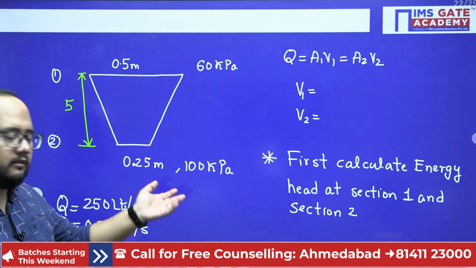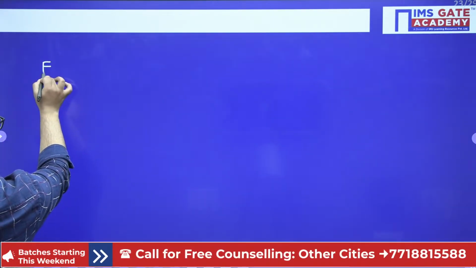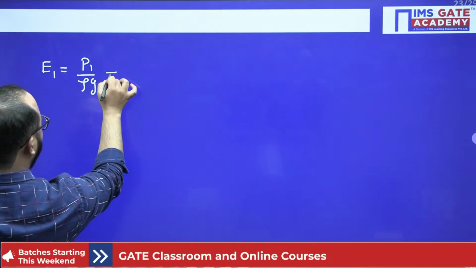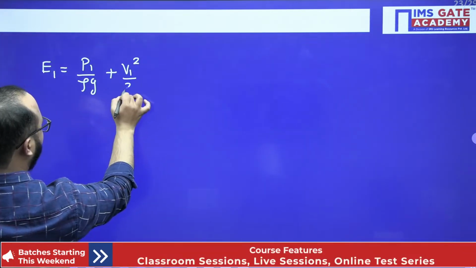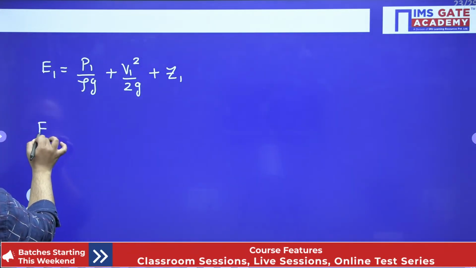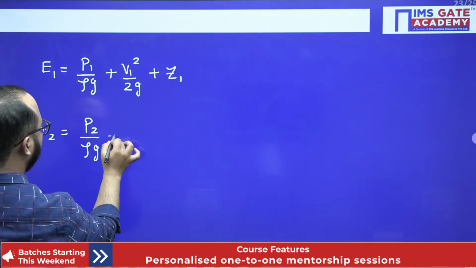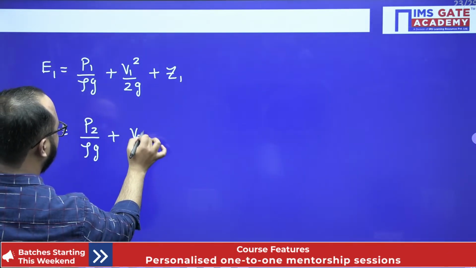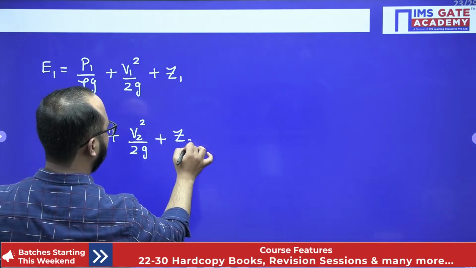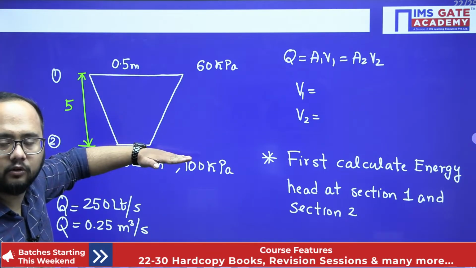How will you calculate? We have the formula, na? So directly I will write the formula for you here. Correct. Now, what are the Z1, Z2 values? Let's suppose I take the datum at Z2 only, so it will be 0.